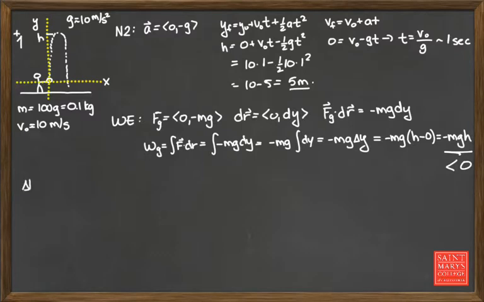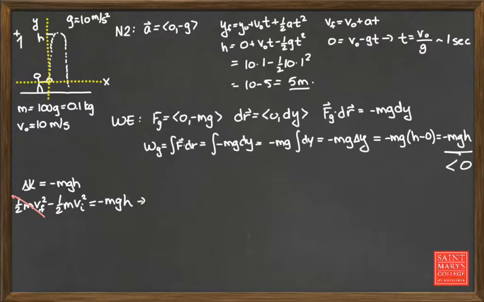So then the change in kinetic energy equals -mgh. In this case, it is the final kinetic energy minus the initial kinetic energy equals -mgh. The final kinetic energy is 0 because it has 0 velocity at its highest point.